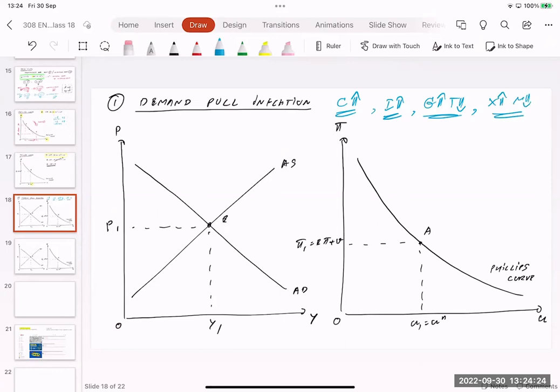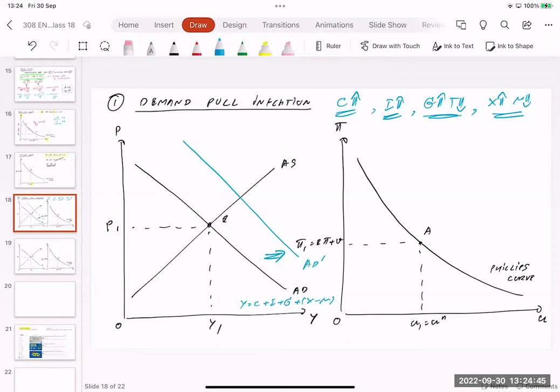All of these factors can shift the aggregate demand curve to the right. Remember, aggregate demand comes from Y equals C plus I plus G plus X minus M. Demand for the whole country increases, shifting to the right. That's why we call it demand pull inflation.